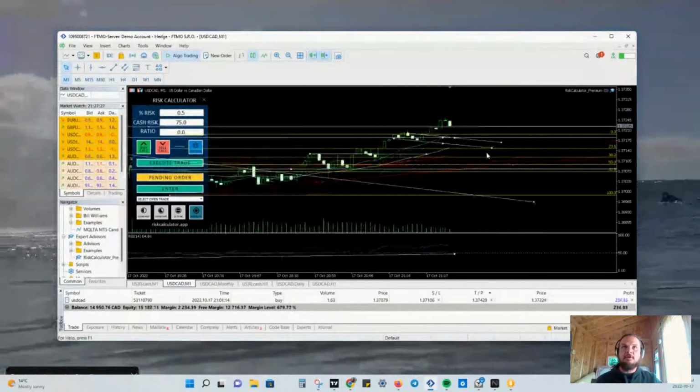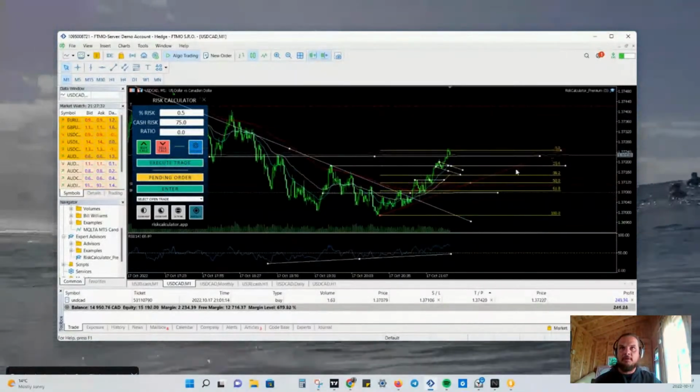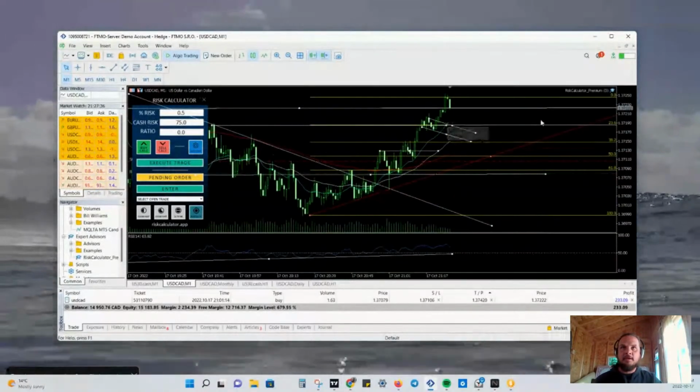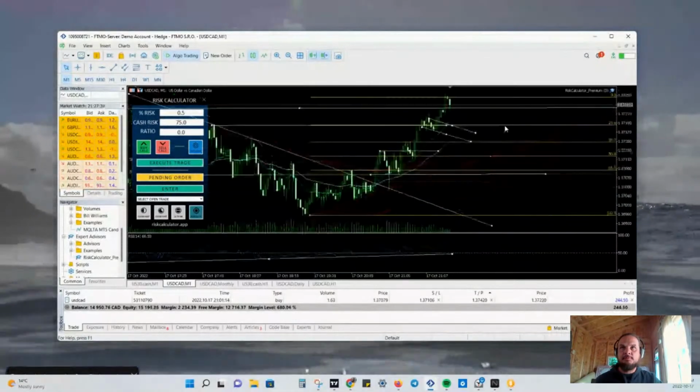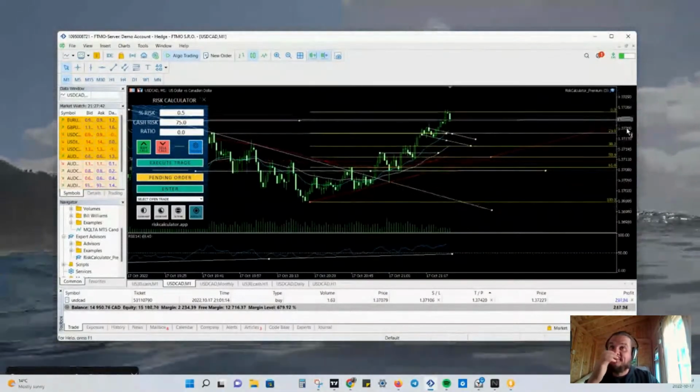Let's see where we are with the fib retracement. Bring it up to our high. We could come back here even to the 236 area at the 9.